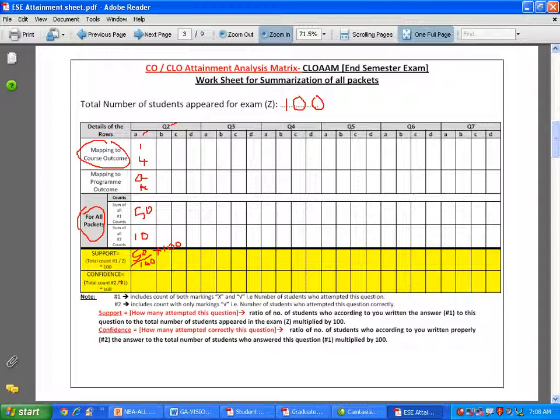The confidence is, let me read, how many attempted this question correctly. That is the ratio of the number of students who, according to you, have written the answer properly, to the total number of students who answered this question. If a student has answered this question, only then how many have correctly attempted comes into the picture.